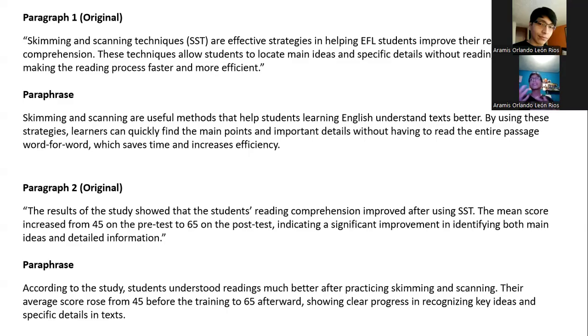The paraphrase of this paragraph has the same meaning. According to the study, students understood reading much better after practicing skimming and scanning. Their average score rose from 45 before the training to 65 afterward, showing clear progress in recognizing key ideas and specific details in text.